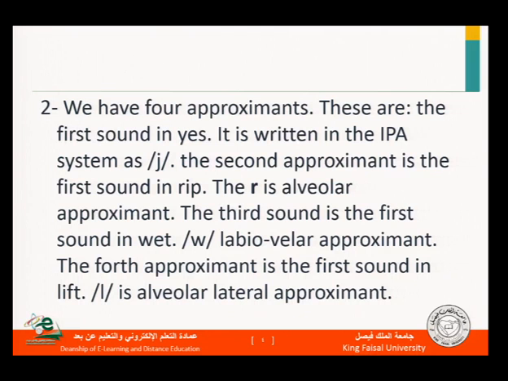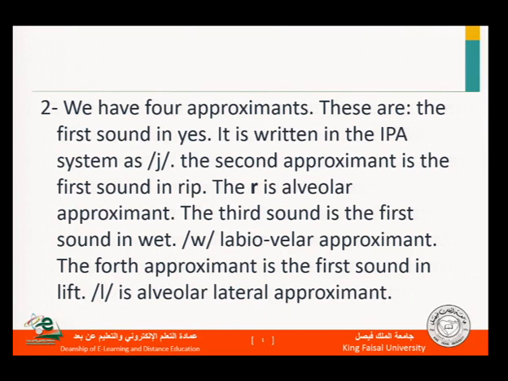The L, excuse me, is an alveolar lateral approximant. So we have the ya, we have the wa, we have the ra, and we have the la. But just to add new information, the wa and the ya are called in some books and other articles glides, but the r and the la are considered liquids, and the glides and the liquids are voiced sounds.